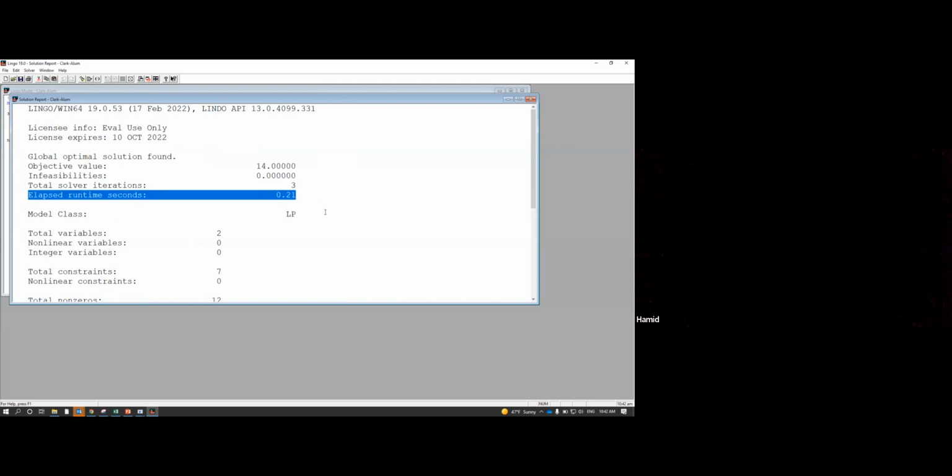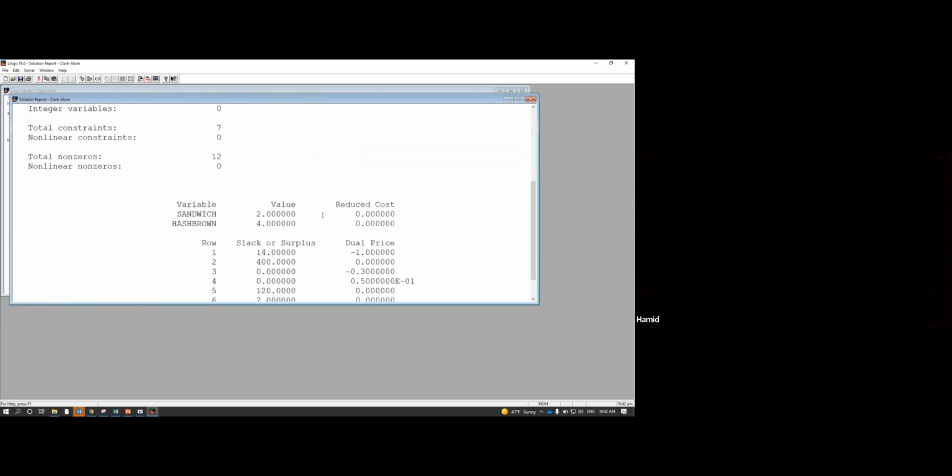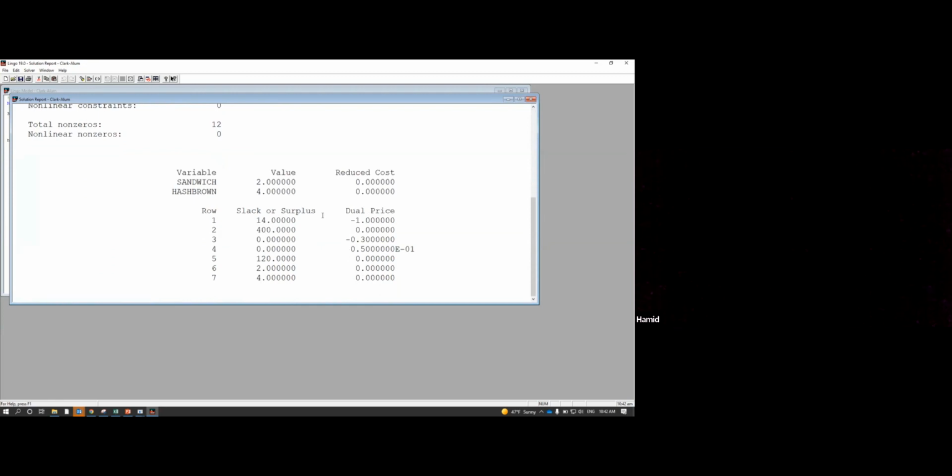If you remember, in Excel we didn't have surplus, but almost all other programming languages differentiate slack and surplus. When it's less than or equal, you have a slack.